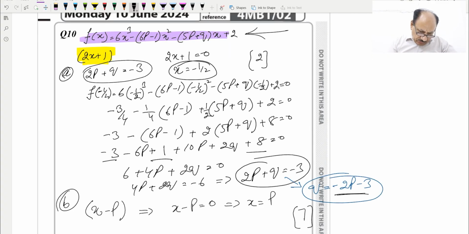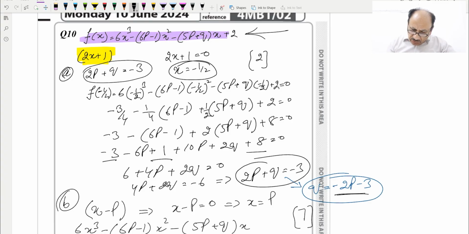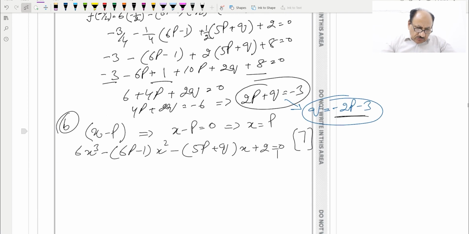So I'm copying the equation: 6x cube minus (6p minus 1) x square minus (5p plus q) into x plus 2 is equal to 0, because this is also a factor. So we will replace x with p.